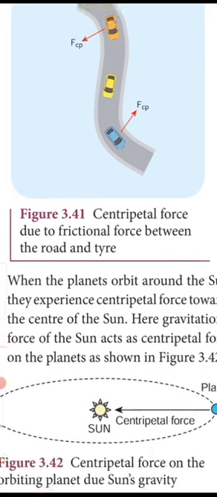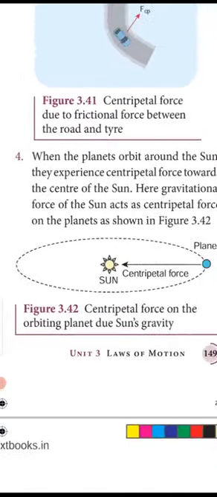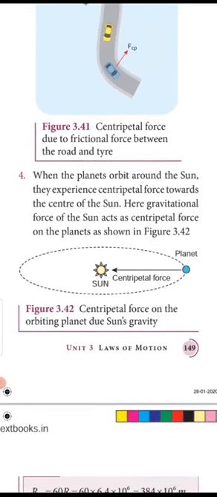And the fourth one, see this picture. You know that the planet moves along an elliptical orbit around the sun, and there also is a centripetal force. The planet orbiting around the sun experiences a centripetal force towards the center of the sun. So the gravitational force of the sun acts as the centripetal force on the planet.